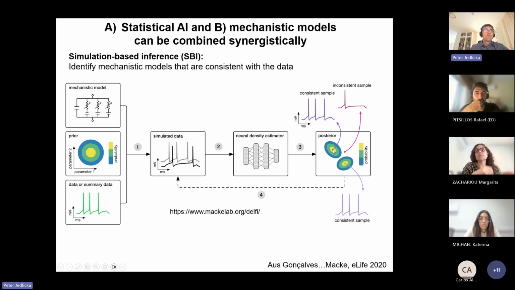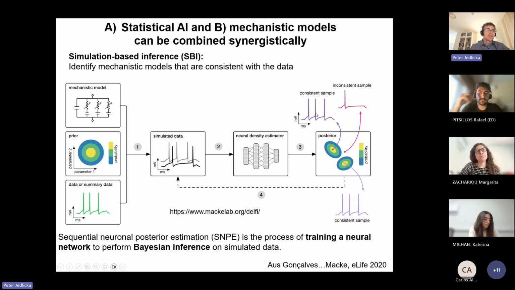And then if you take the distribution that this neural network learned, then without running the simulation, you can basically generate very realistic, let's say, voltage traces, for example. So it's good to know about this method. I won't go into details here, but this is one example of how AI models can basically improve mechanistic models.